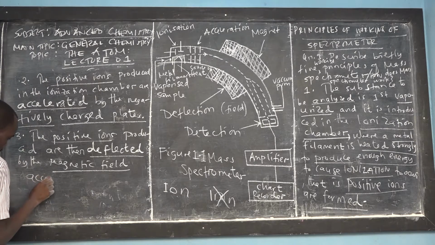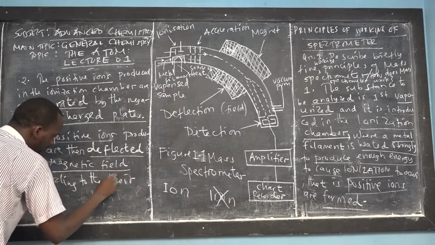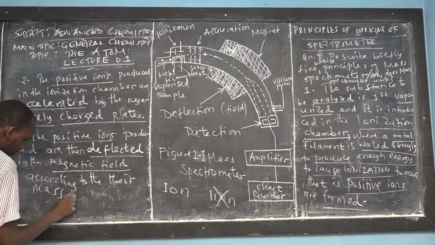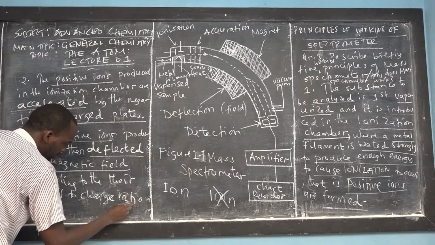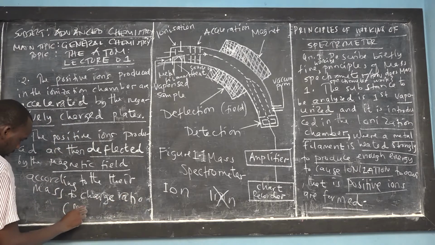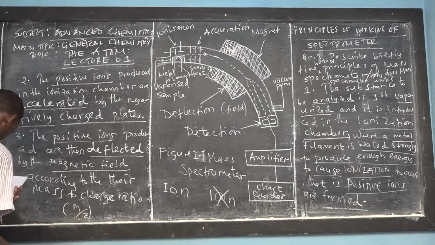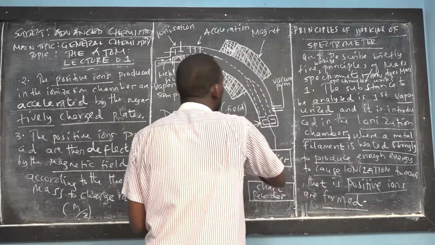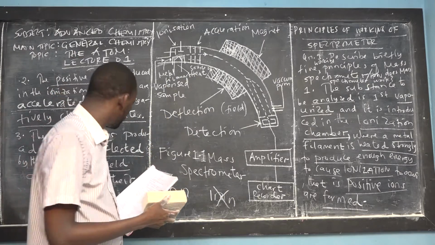These deflections depend on the mass to charge ratio, mass over Z, such that ions with greater value of ratio are deflected less. I don't want to rub this here. Please make sure that you copy that section, because I want to use it for explanation.